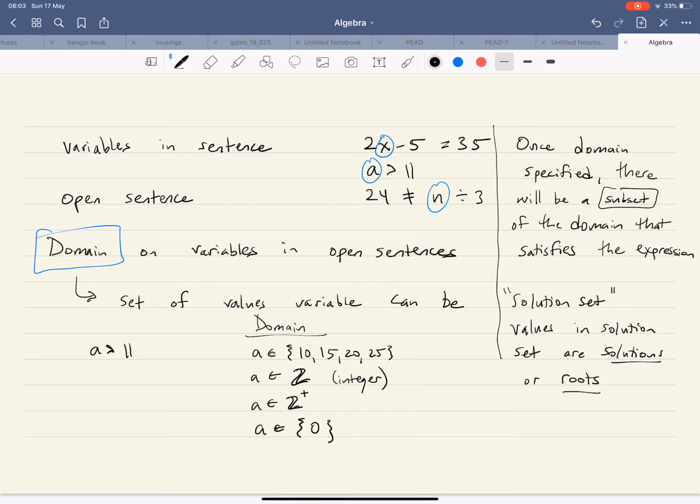Okay. So let's go back to our example a greater than 11, and let's see what our solution set would be under these different domains that we specified.